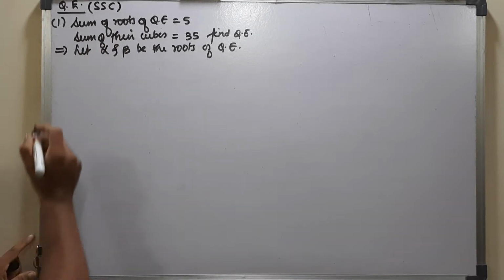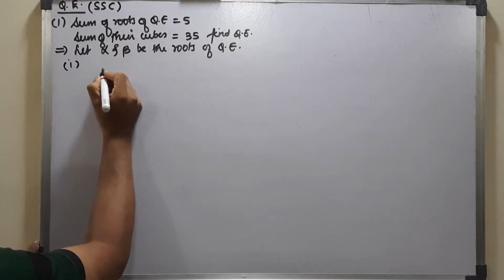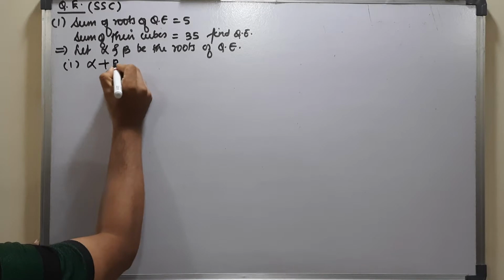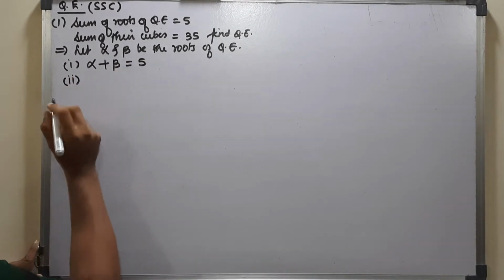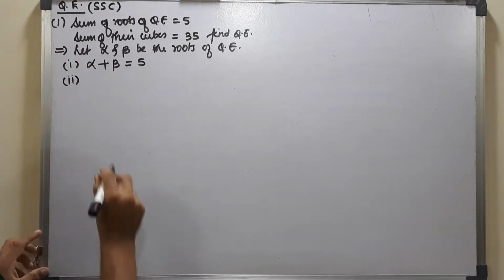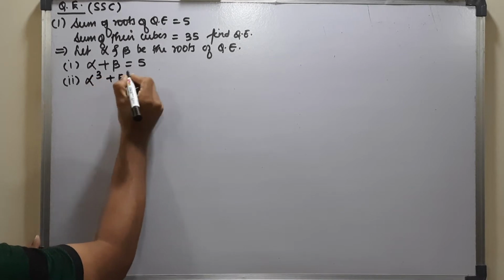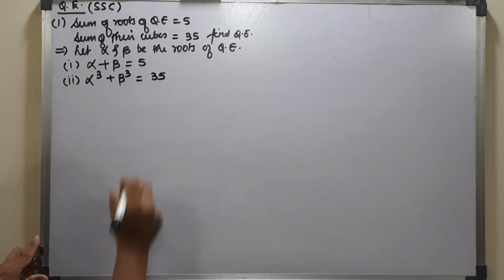The first condition says the sum of the roots of the quadratic equation, that means root number 1 plus root number 2, is equal to 5. And the second condition says the sum of their cubes, that means root number 1 cube plus root number 2 cube, is 35.